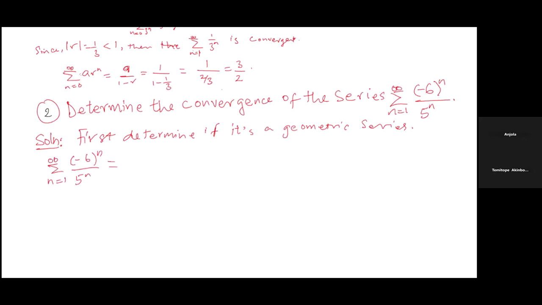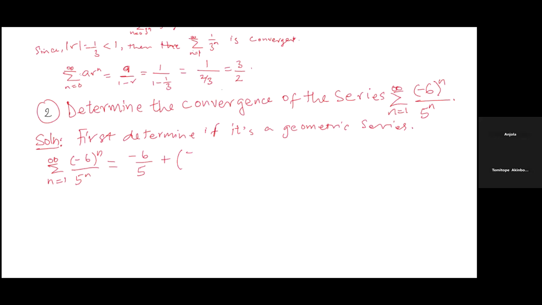If n is 1, I will have minus 6 over 5, plus, if n is 2, we'll have 36. No, don't do it that way. Of course, that's what it will result to, but let's first of all be explicit.